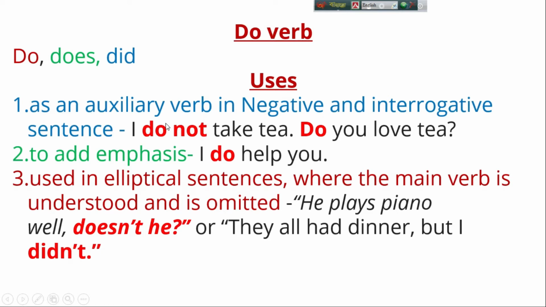For example, I don't take tea. Here, take is the main verb, and do is the auxiliary verb, and it helps to make it negative. On the other hand, do you love tea? Here, do is the auxiliary verb and love is the main verb, and do helps the main verb to make it a question or interrogative sentence.